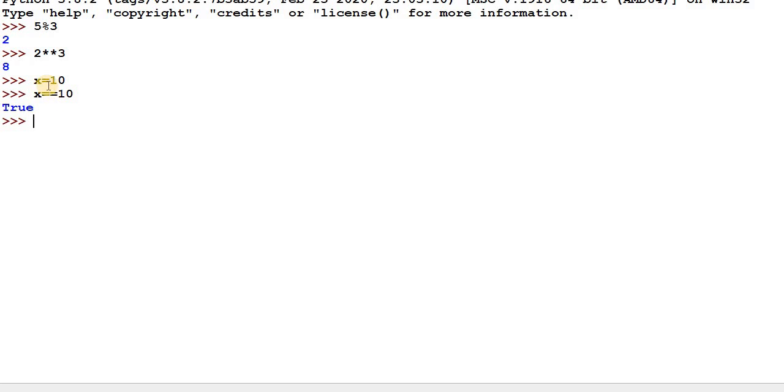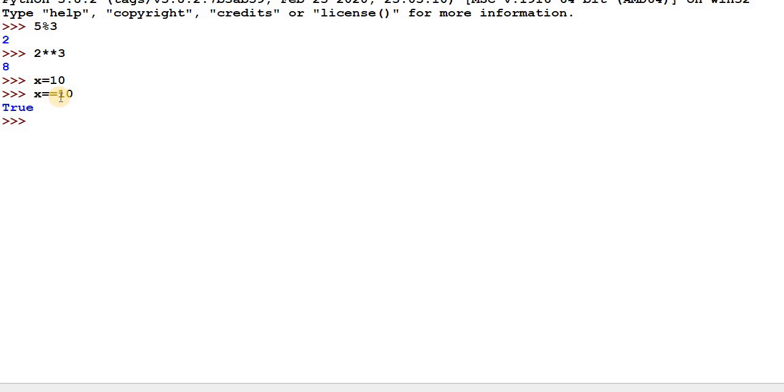So this is the difference between the equal sign and the double equal sign. Equal is an assignment operator and double equal is an equality comparison operator, I can say an equality relational operator. Whenever you want to compare equality, you have to use double equal in place of equal. When you use equal, it only assigns the value.